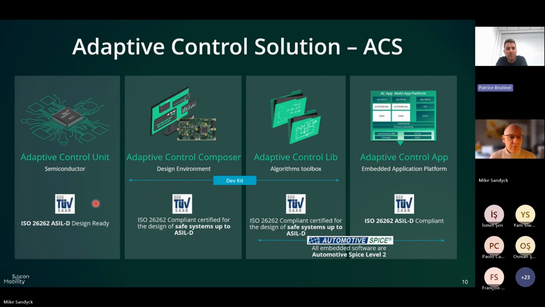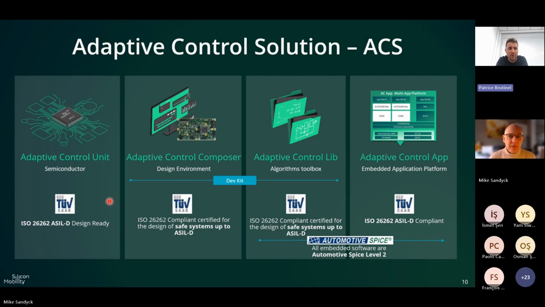As Mike briefly introduced, this semiconductor, the adaptive controller unit, is a family of devices covering from entry range to high-end real-time computing applications like inverter control, DC-DC control, but also X-in-1 applications, domain control, as well as zonal applications that require a high level of real-time computing, a high level of functional safety and cybersecurity, as well as the ability to run in parallel and guarantee the deterministic execution of several applications.